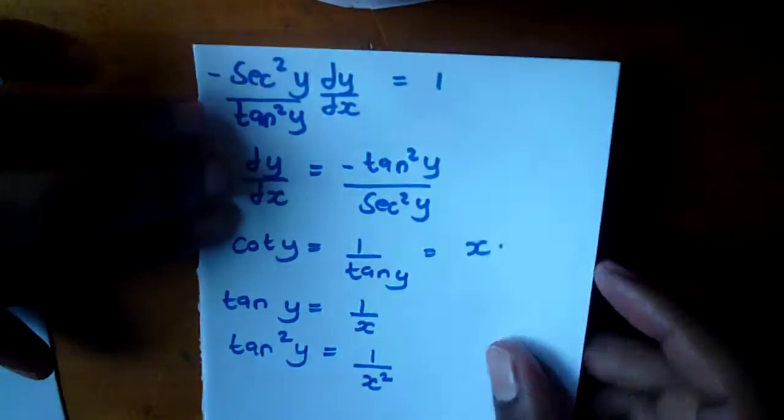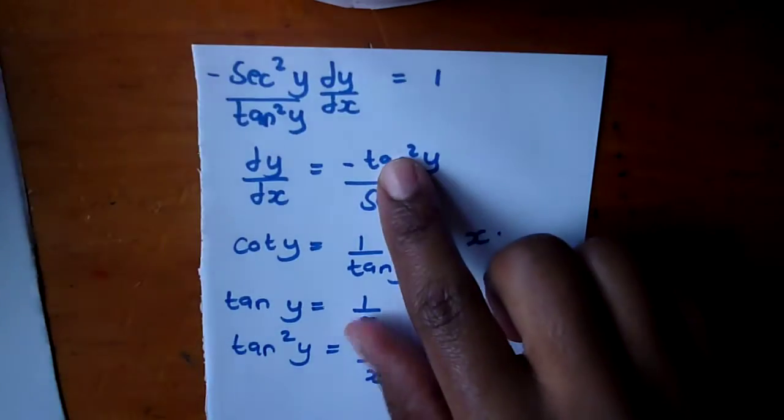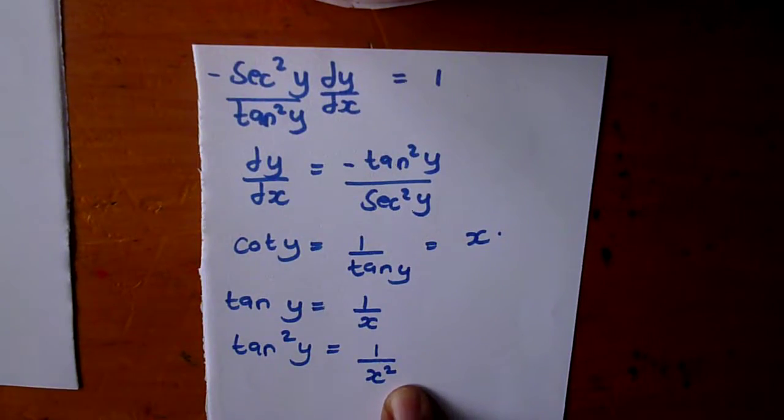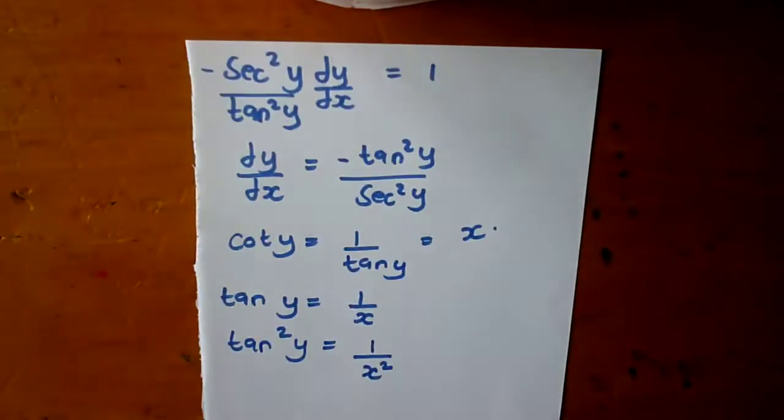From here, all we need to do is write our results in this. We've already gotten tan squared y as 1 all over x squared, and we've now obtained that sec squared y is x squared plus 1 all over x squared.